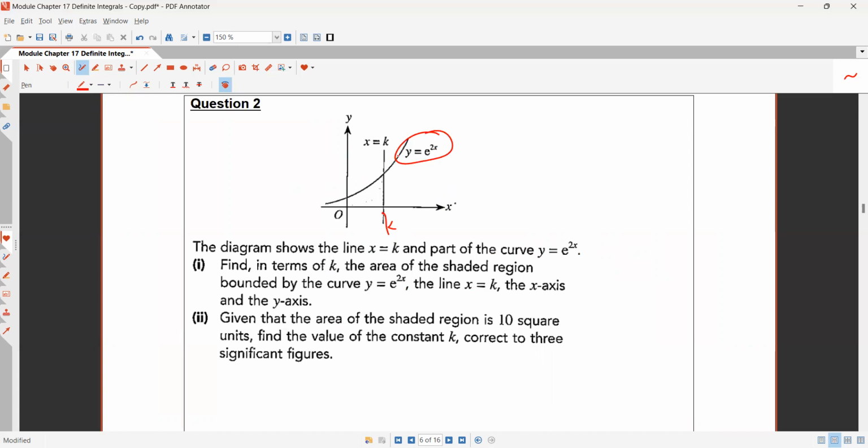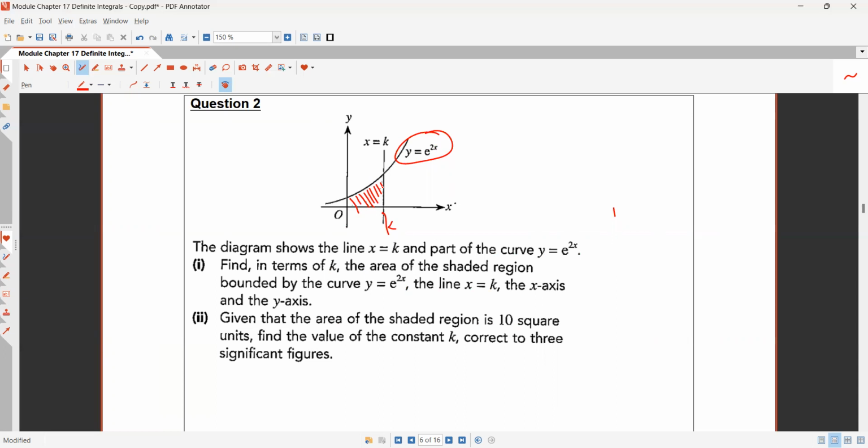So now you want to find, in terms of k, the area of the shaded region. The shaded region is actually here. It's not clear in your module. So this is the shaded region, bounded by the curve and also the line x equal to k and also the x-axis and the y-axis. So this is the region you want to find. And your answer should have k inside because the question already tells you to find it in terms of k.